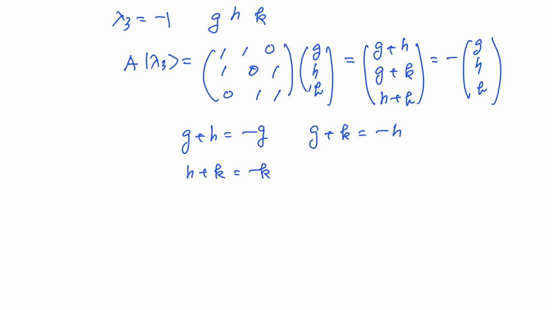So that means H is minus 2G. Here H is minus 2K.